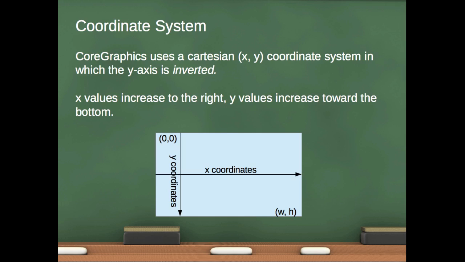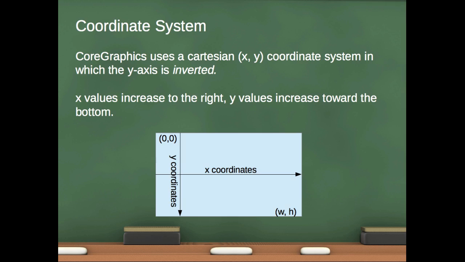So the coordinate system is a little bit weird. Core Graphics uses an XY kind of Cartesian coordinate system, but the y-axis in Core Graphics coordinates, or in Quartz 2D coordinates, is inverted. The x values still increase from left to right, but the y values increase from the top toward the bottom.